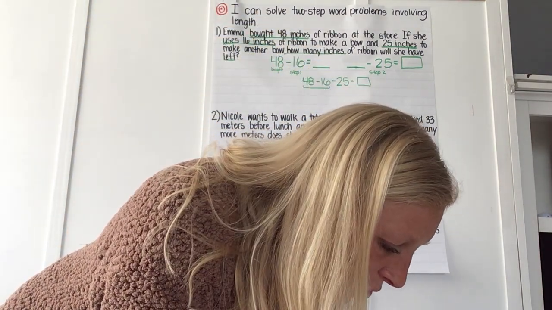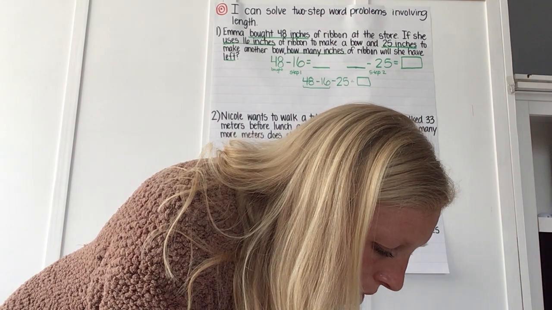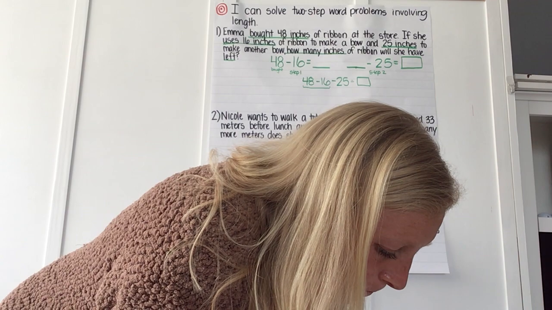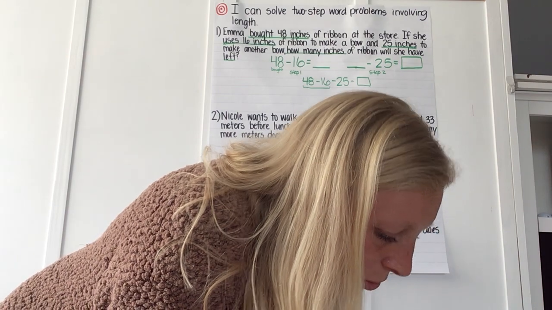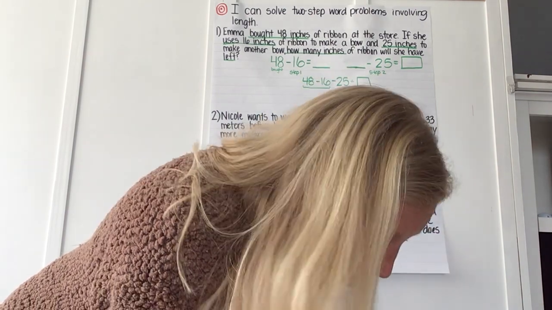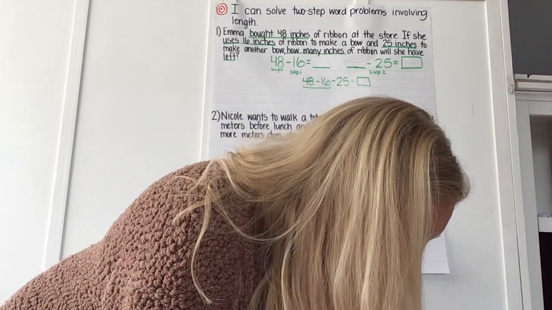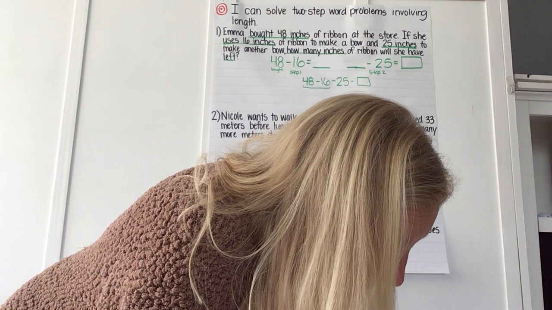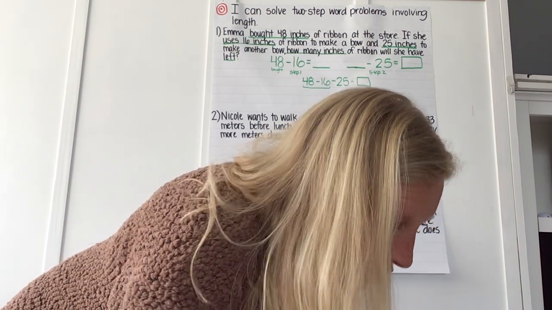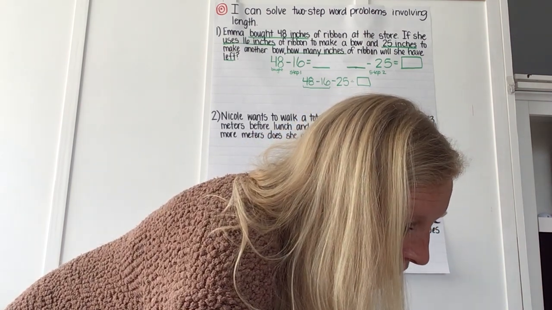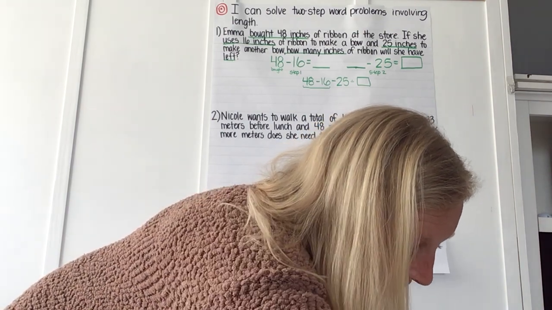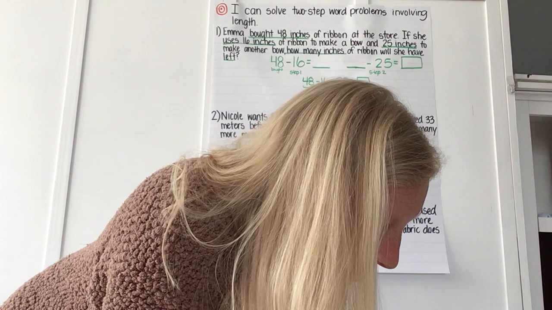What did you do first? Are you using one number line or two number lines? Okay, so you're going with the two-stepper instead of the one. All right. And so where did you land when you took 16 away? All right. So then where's your next number line going to start? And what are you going to take away from that number?